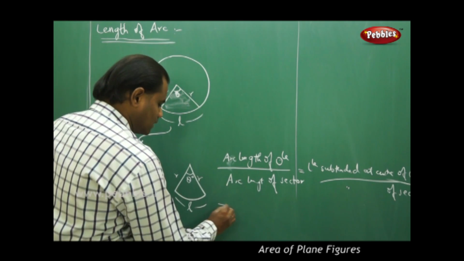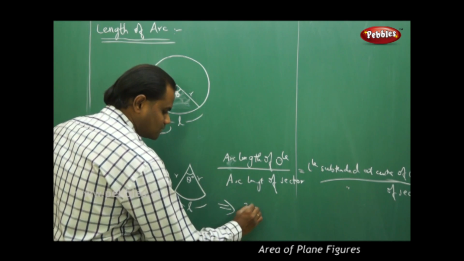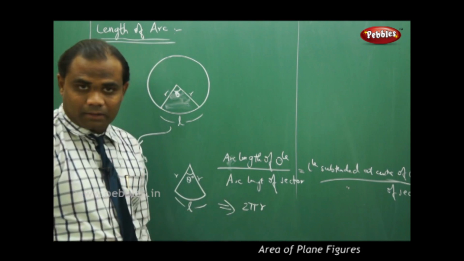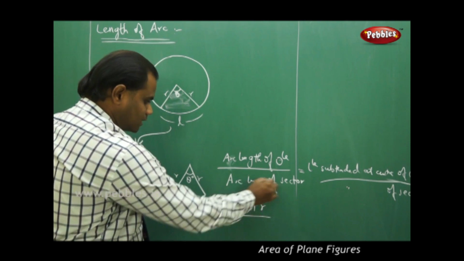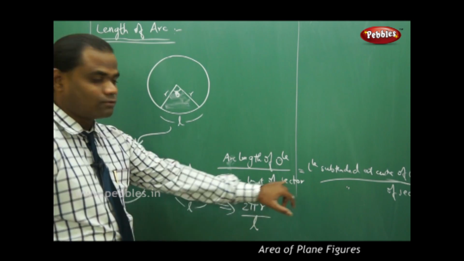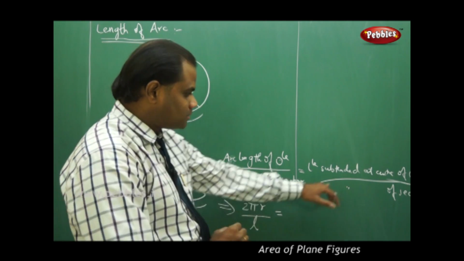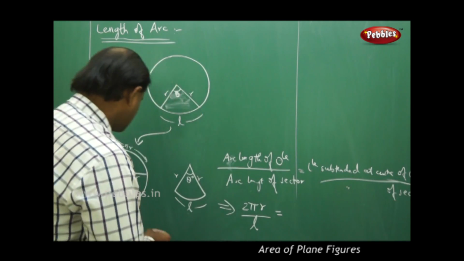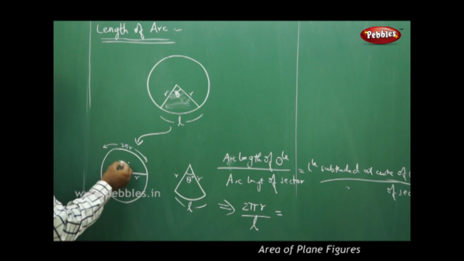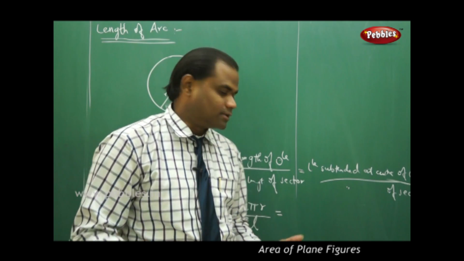So using this formula, I clearly have arc length of circle is nothing but circumference and hence 2 pi r. And the arc length of sector is already taken as L, so I substitute L in terms of arc length of sector. Now this is equal to angle subtended at center of circle. I can see that the angle subtended by the whole arc at the center is 360 degrees, because one full angle in a circle is 360.